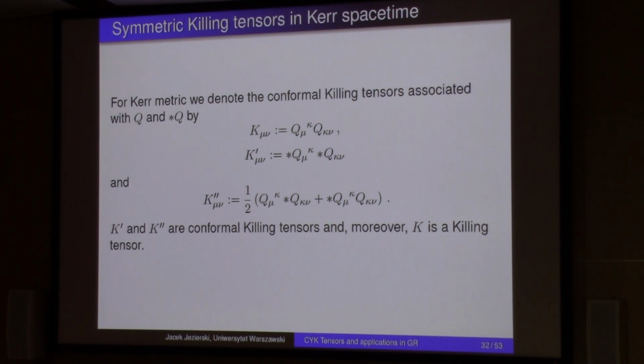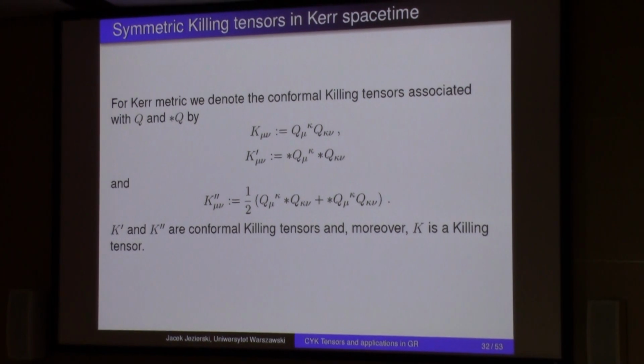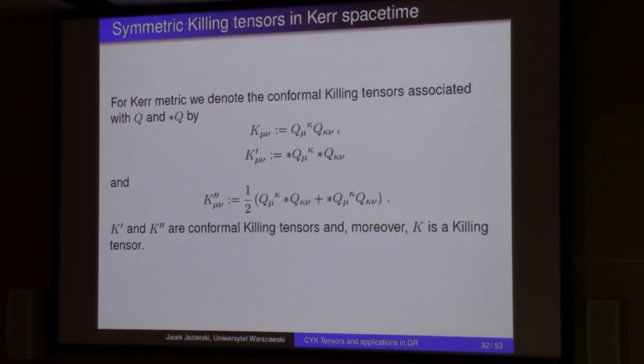symmetric Killing tensors, and this will be the end of my talk because I should finish. So in case of Kerr, we have 3 of them, but only one of them is a Killing tensor, and 2 of them are conformal Killing, and those conformal Killing are good for producing conserved quantities and null geodesics.